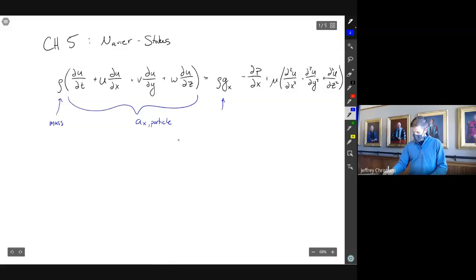So this is gravity. Pressure. And viscosity.